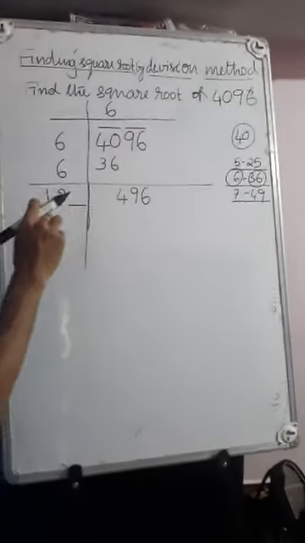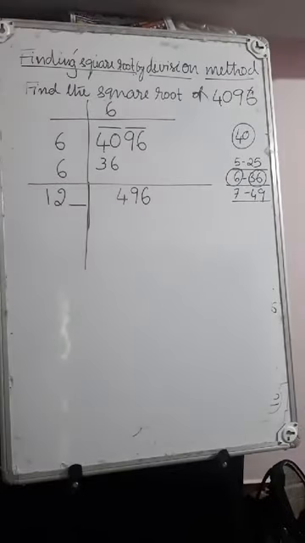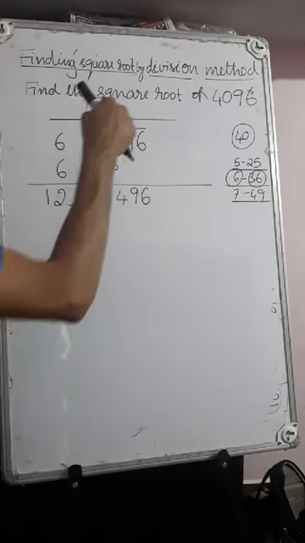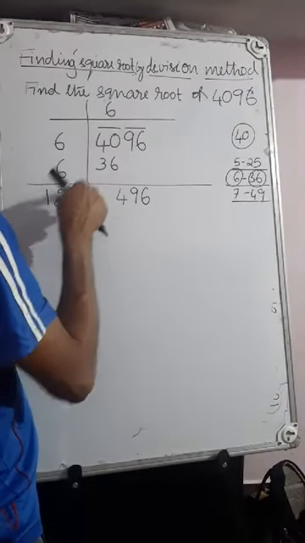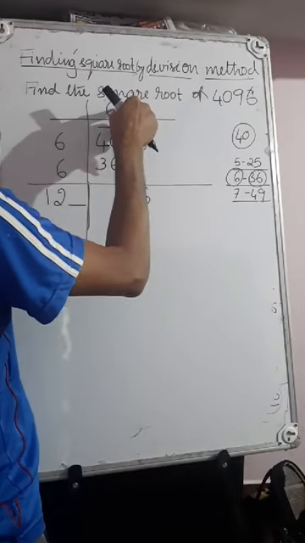And the blank will remain here. Now, as I told you earlier, you should guess a number to fill this blank, which also becomes the new digit in the quotient.